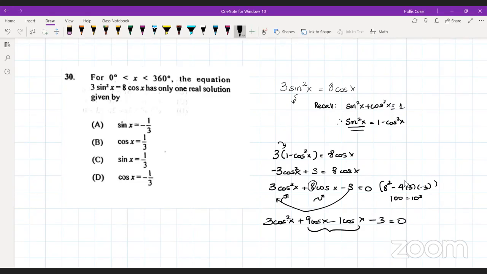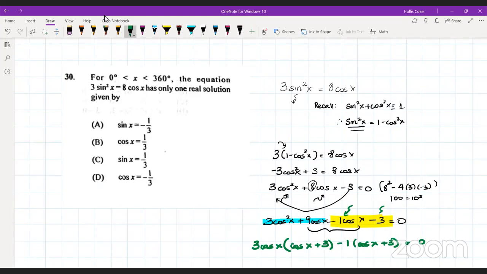And I can pair these two, and I can pair these two, and factorize. Okay? So I can take out 3 cos x from the first two. What will remain will be cos x plus 3. And here I'll have minus 1 that could be taken out from these two, and I get minus 1 into cos x plus 3.